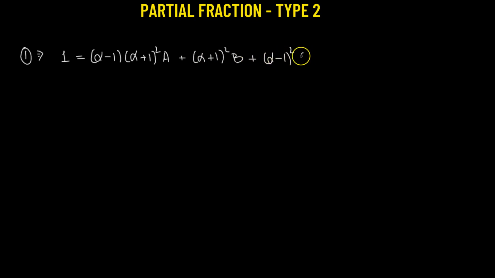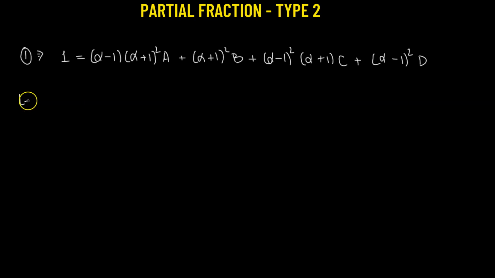Equation 1 will then become 1 on the left hand side, and on the right hand side we have (alpha minus 1) multiplied by (alpha plus 1) whole squared times A. This is the first term, followed by the second term, which is (alpha plus 1) whole squared multiplied by B. The third term is (alpha minus 1) whole squared multiplied by (alpha plus 1) times C, and the fourth term will be (alpha minus 1) whole squared multiplied by D.